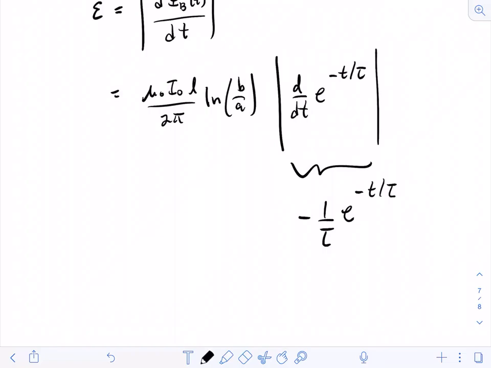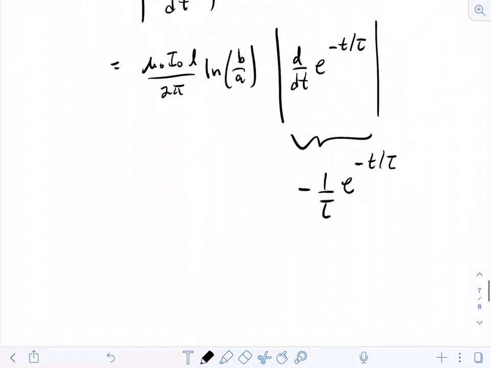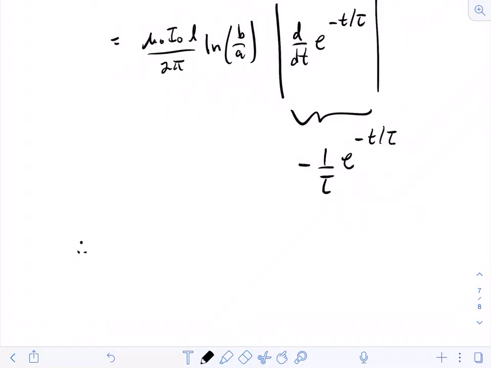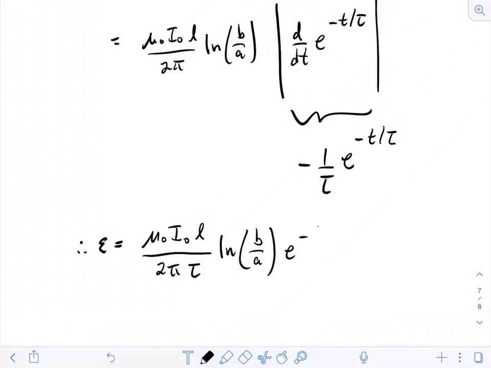Since that's in an absolute value, we're going to forget about the minus sign, and we'll say that our induced EMF is just equal to mu naught I naught L over 2 pi tau, with a tau in the denominator, times ln B over A, and e to the minus t over tau. So we get an EMF that's also decaying exponentially with time.